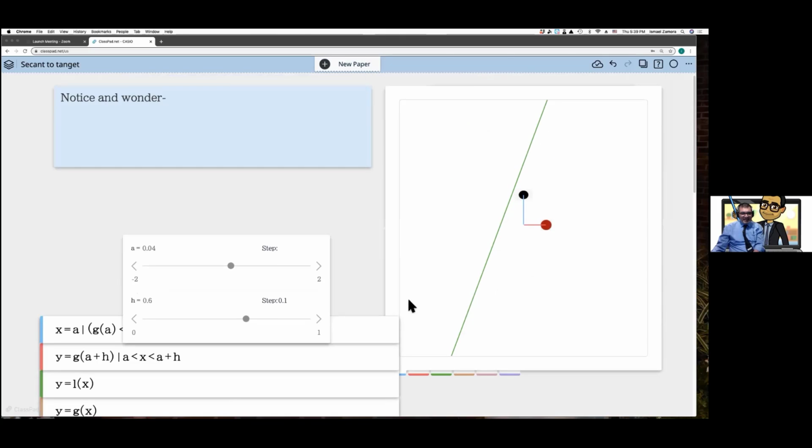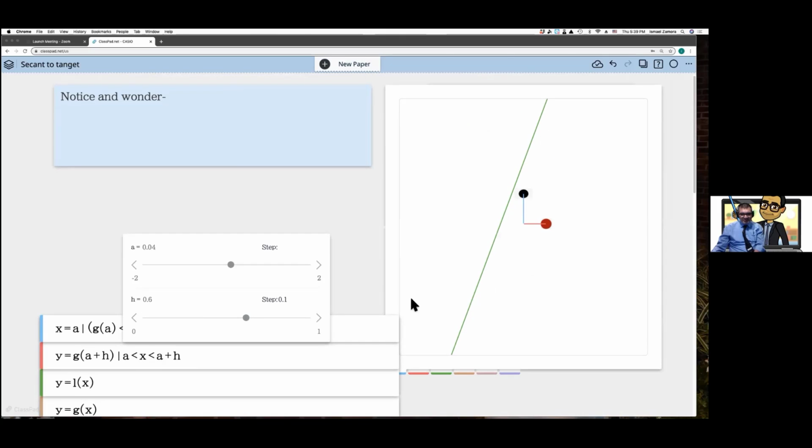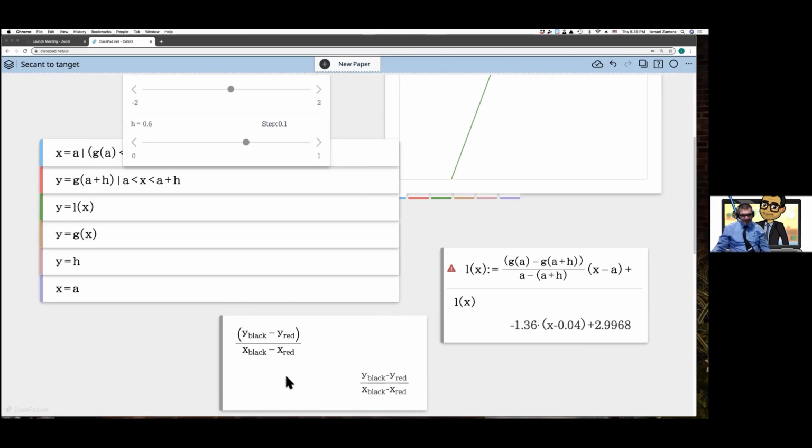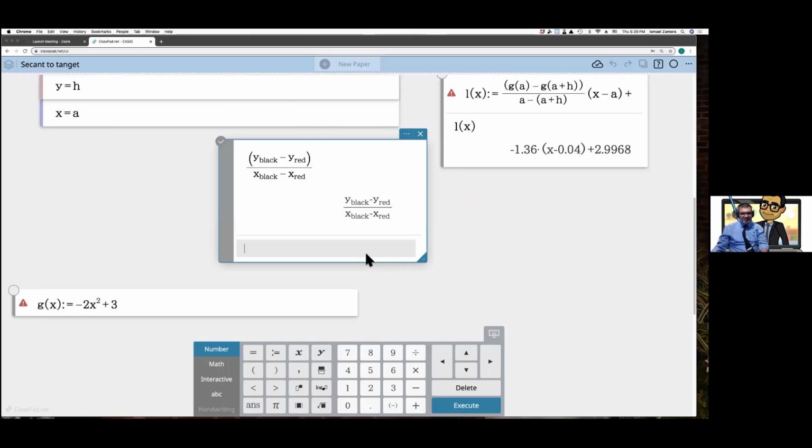But as we get more and more complicated, we want students to start using notation that we're familiar with. We're familiar with function notation. So I want my students to really think about y sub black and y sub red with a change in h. I can do that in the x coordinate pretty easily.